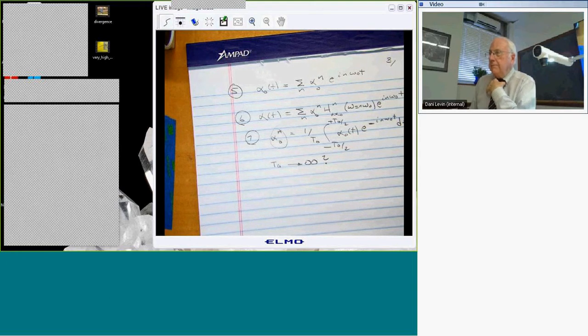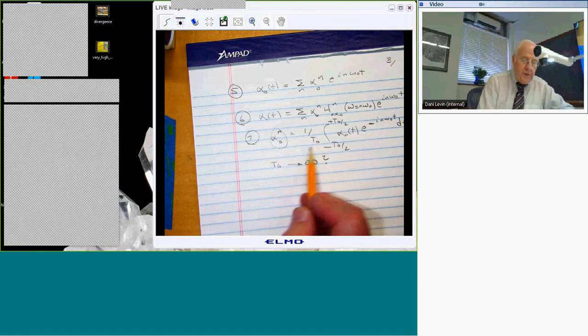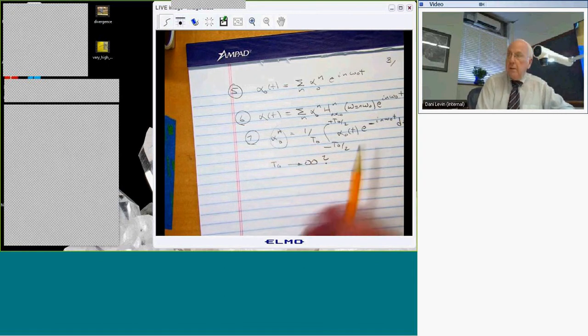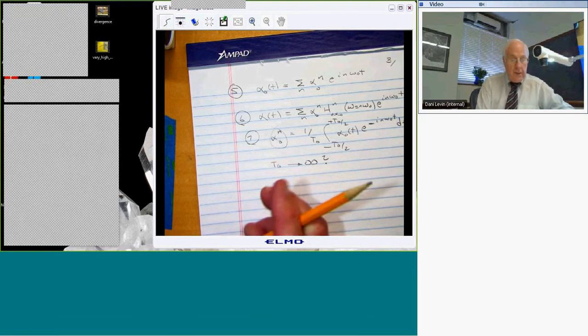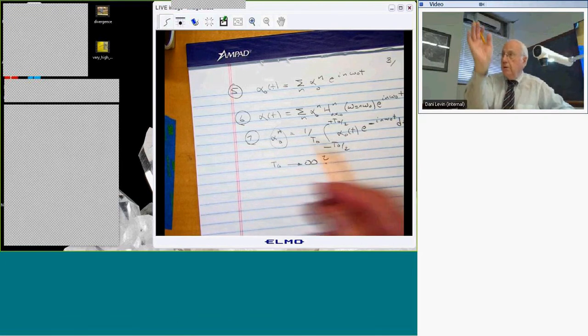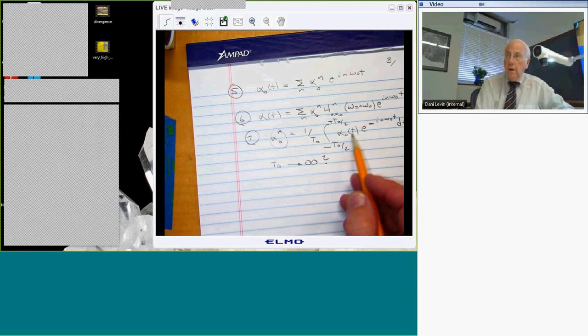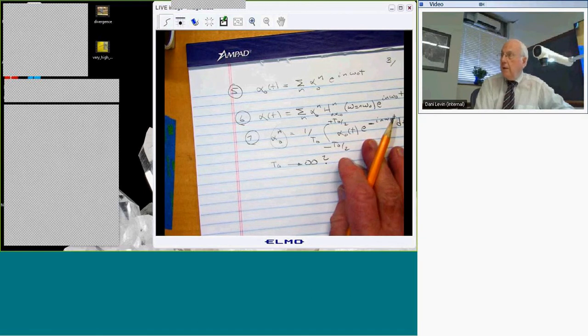That's not what I want to do then. On the other hand, if I took the T naught up here and had this product of T naught times this, and took the limit, that'd be perfectly nice. My limits would just go to infinity, right? But this is hopefully a well-behaved function. That's okay. So that's a clue.